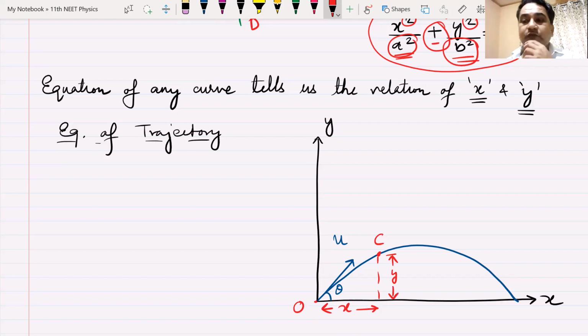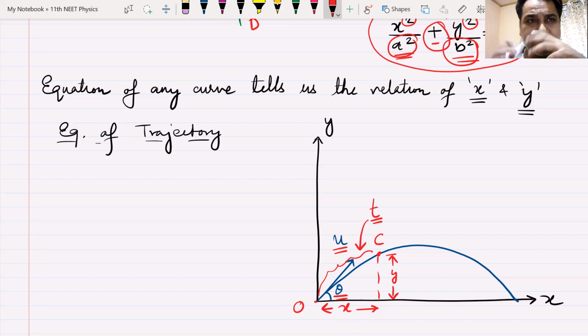I have to find out a relation between X and Y. I know that I've thrown this particle with the initial velocity u, at an angle theta. I can assume that the time it takes to go from O to C is t.